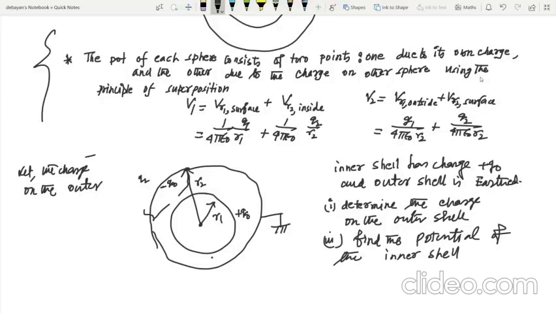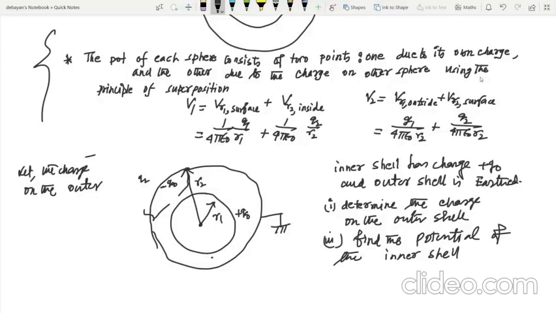So if you want to find the potential of the cell, it is nothing but, for q2 outside, you can write k q naught by r2 plus k q2 by r2, that is minus q by r2 plus q by r2, that is 0, and then you will find that q2 is equal to 0.